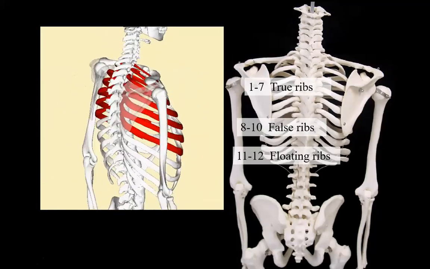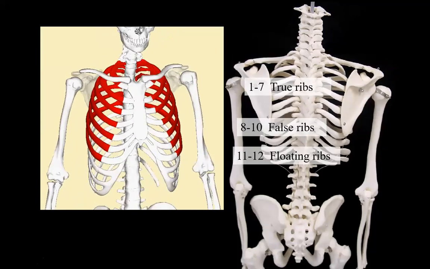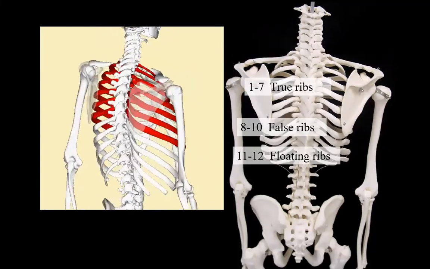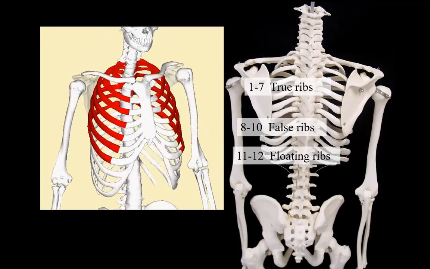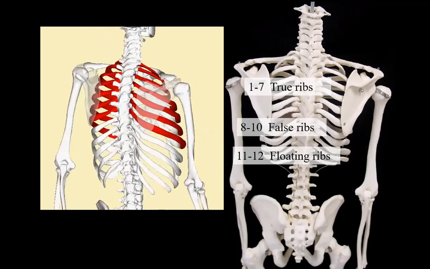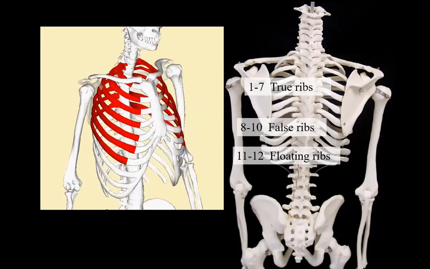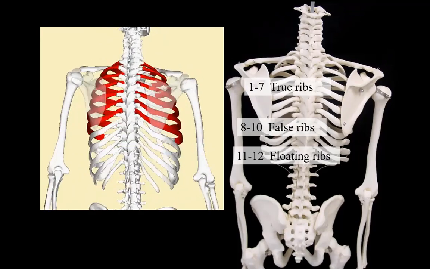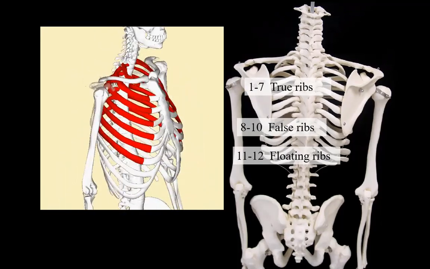You'll notice that the first 7 ribs are highlighted in red, and they have a white band at the end. That is the hyaline cartilage, but they are connecting directly to the sternum. In the back, those first 7 ribs attach directly to the vertebrae. We call them the true ribs.